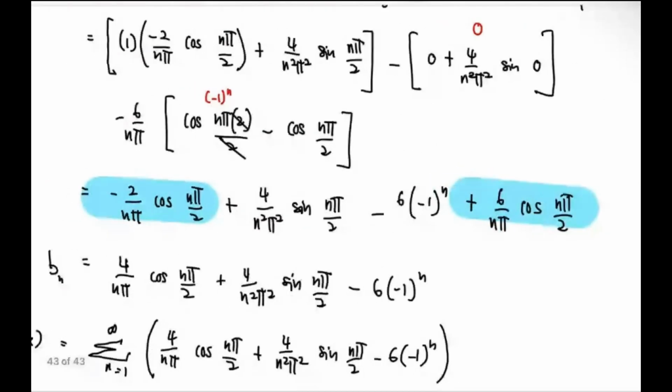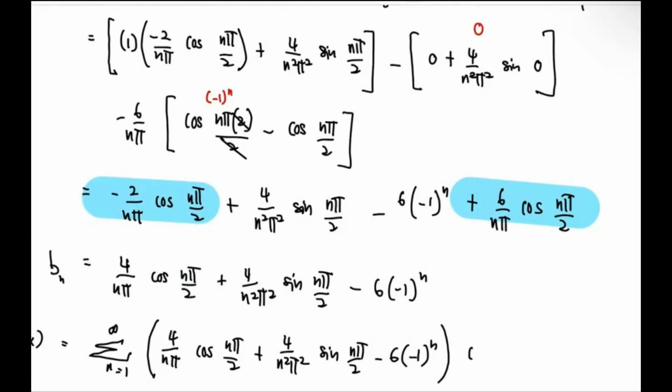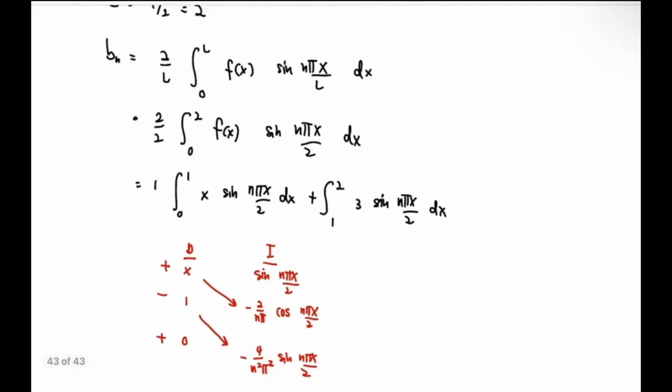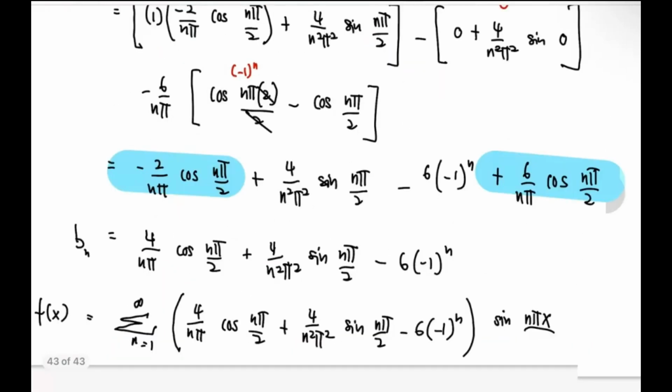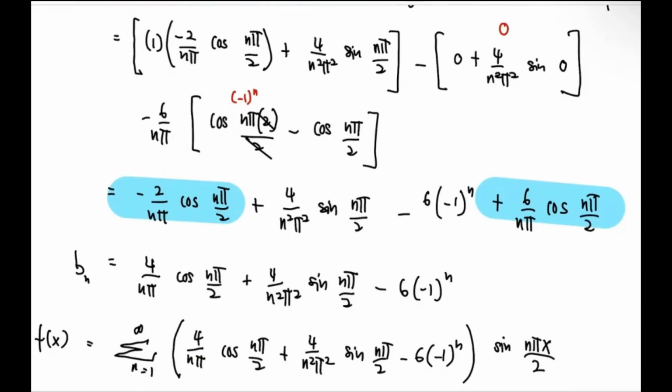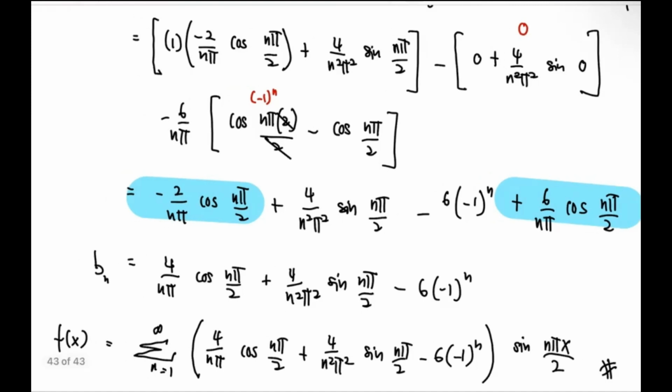And don't forget, we have sine n pi x over L. L is 2, so over 2. Alright, that is our final answer.